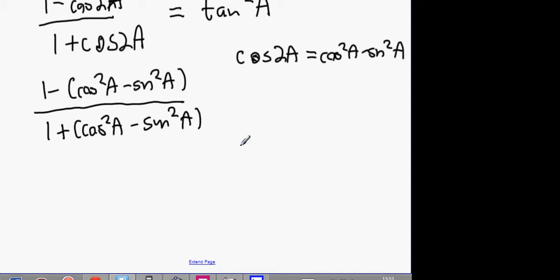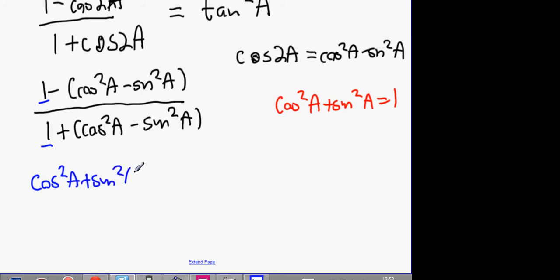Now, what I could do next is, I have an idea. I'm going to change the number 1 into cos squared a plus sine squared a, which equals 1. Now, why would I do that? They're going to start cancelling off, and it's going to make the whole thing a lot smaller. So I'm changing both 1s into cos squared a plus sine squared a.